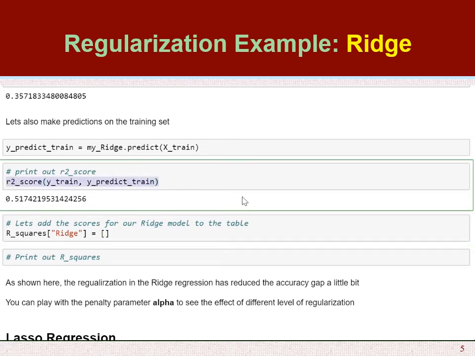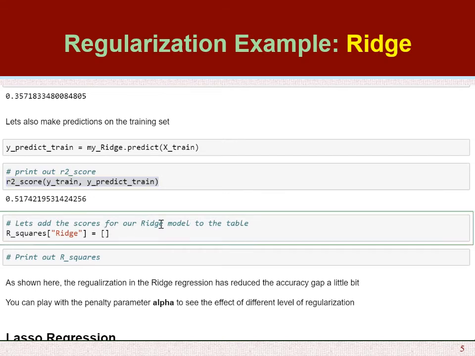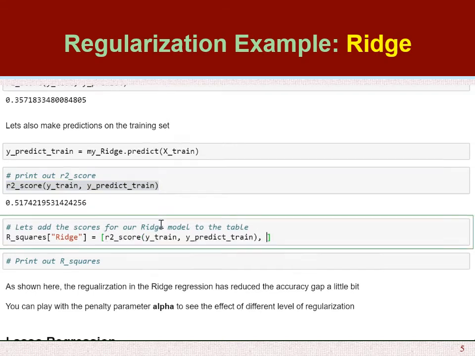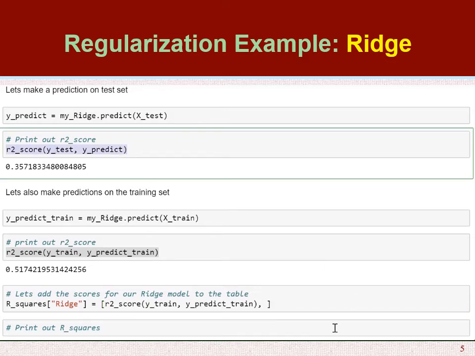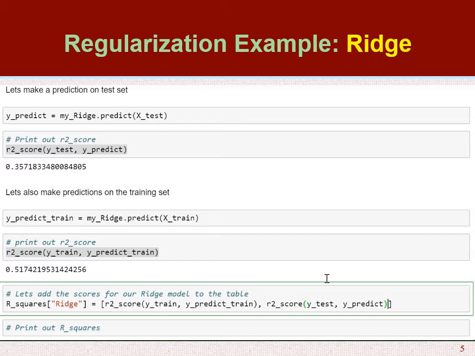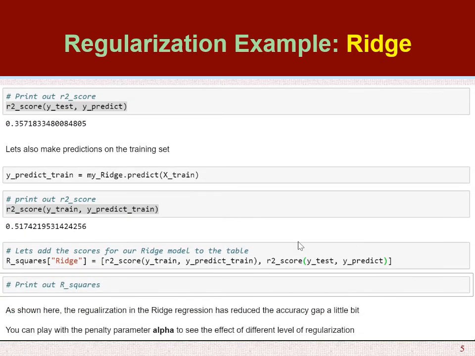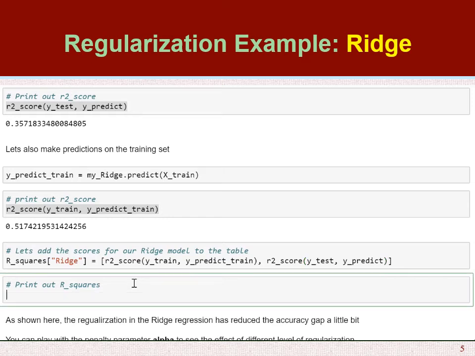R2 for the training first, and then for the test data sets. Okay. So let's print out the R square table now.